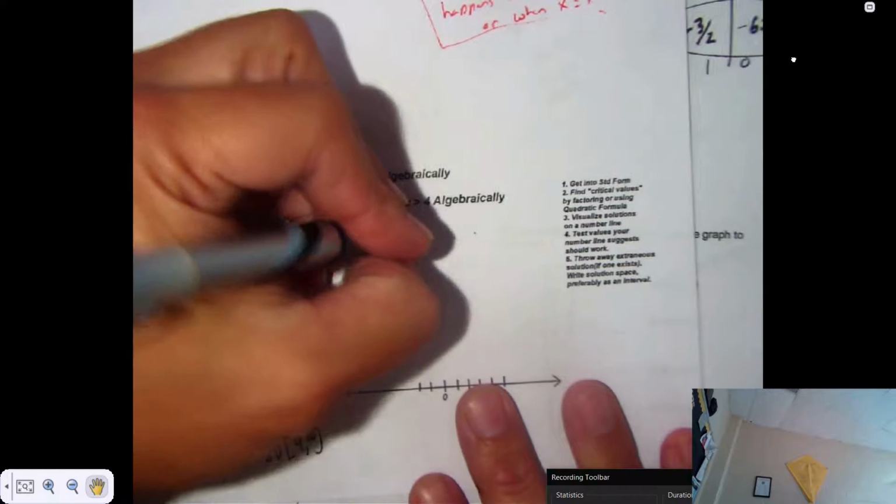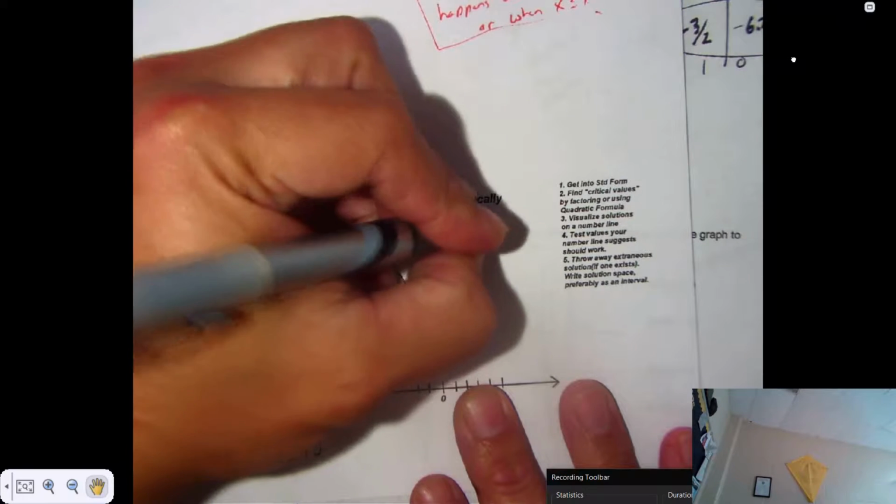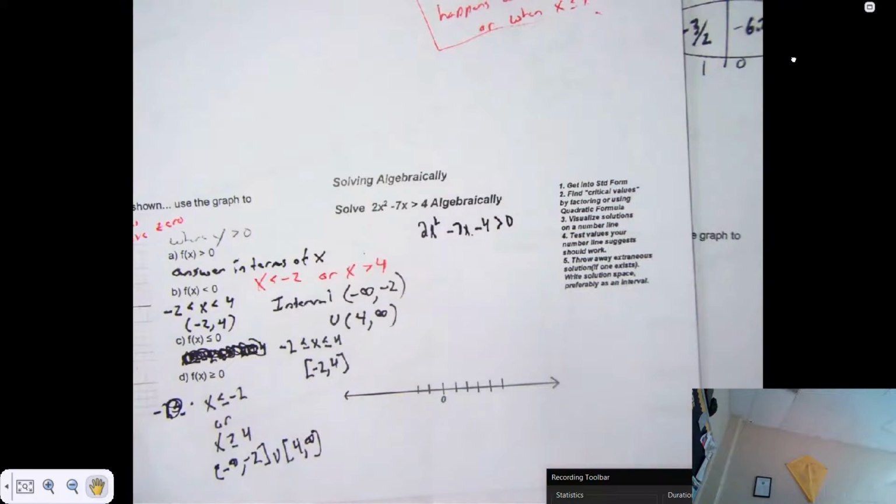Left. 2x squared minus 7x minus 4 greater than nothing. Kind of like we did the first one. Does that factor? Yes. I just told you, your notes are designed to factor. What's it take to create a 2x squared?